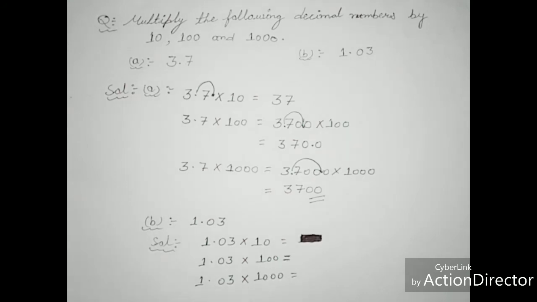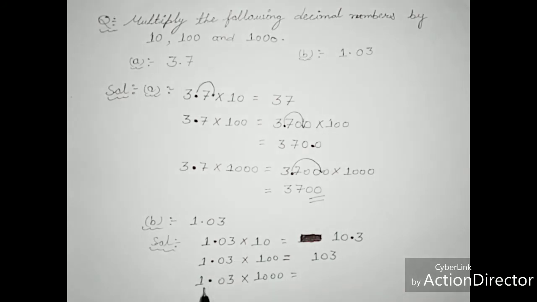When we multiply 1.03 by 10, we get 10.3 because this decimal shifts one digit from here to here. So we get 10.3. When we multiply 1.03 by 100, we get 103. Shift two places from here to here and we get 103.